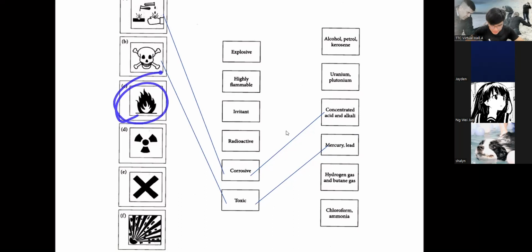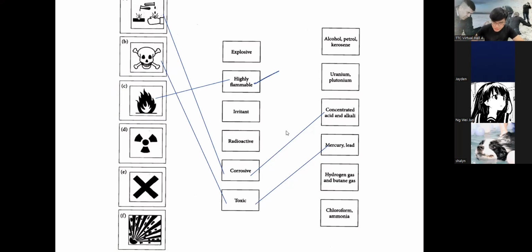Right, so the fire, I said just now, you will see this behind. Let's say you see a Petronas lorry, or a BHP lorry, a Shell or a Petron lorry, behind there you will see this logo. Even when you go pump petrol, you see this at the petrol station. So this is highly flammable.